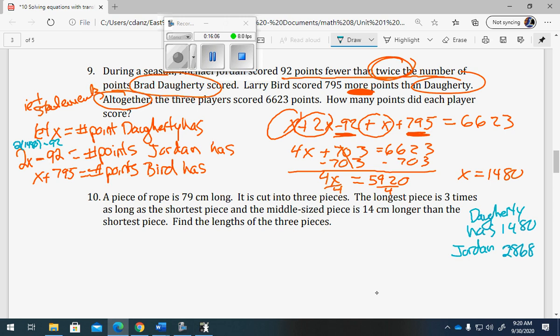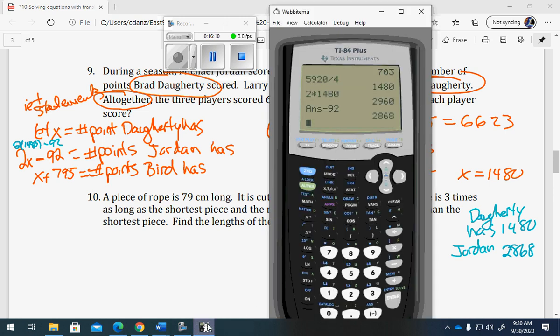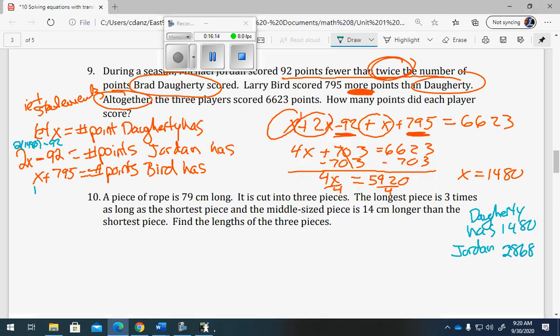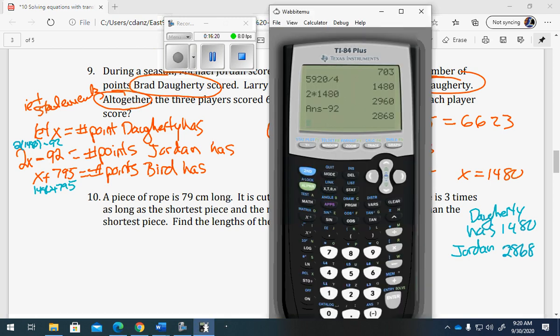And then Bird would be the 1,480 plus the 795. And that's 2,275.